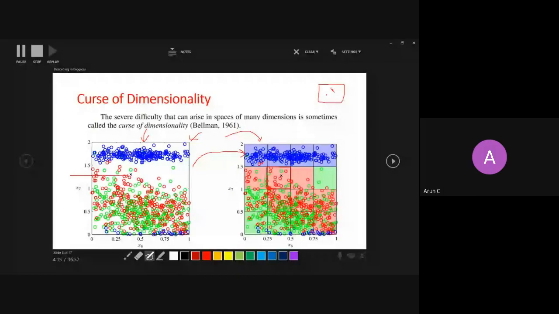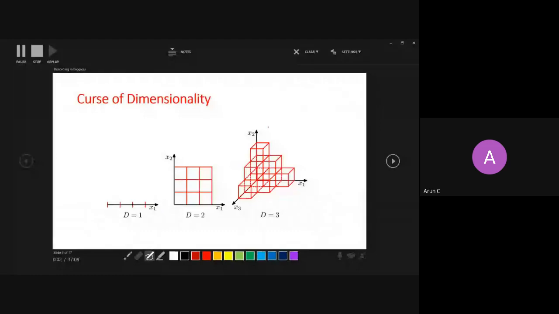Okay, fine. Now see how the curse of dimensionality plays its role here. Let's say for dimension 1, I have 10 or 12 samples, and I want to divide them equally.